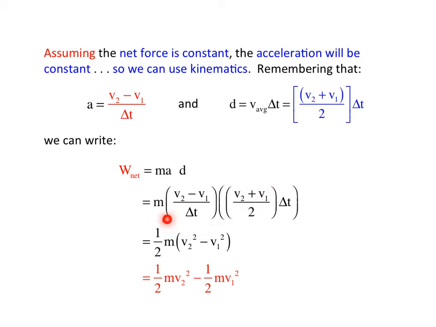The 2 comes out in front, the m stays where it is, and the times cancel out, and you end up with the net work equaling this difference here, 1/2 mv2 squared minus 1/2 mv1 squared.